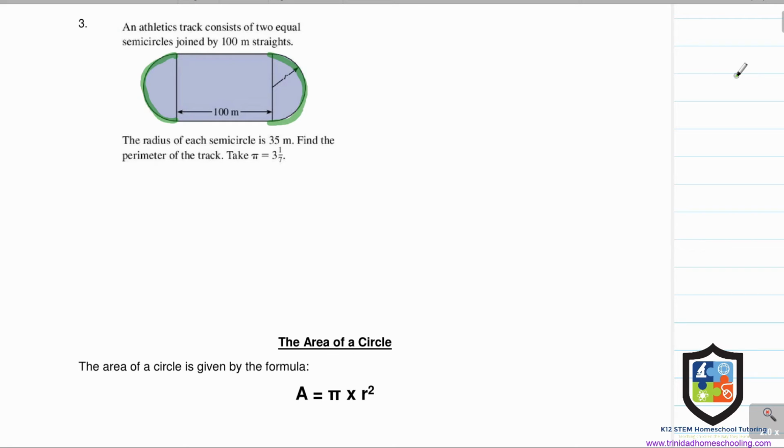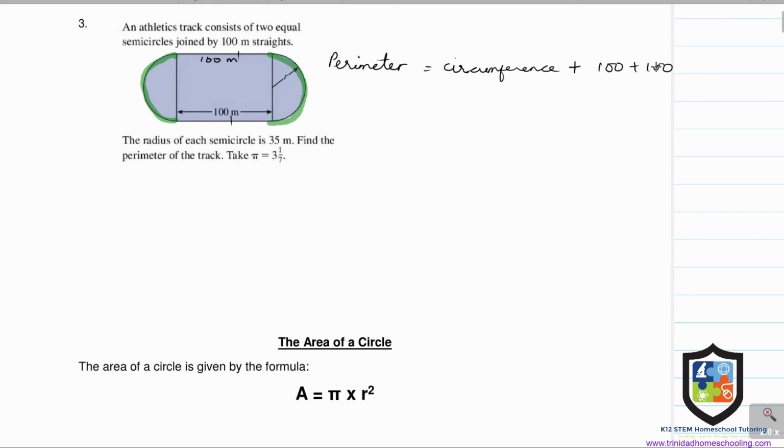So what we need to find to make up the perimeter of this shape is one whole circumference plus this 100 meters plus this 100 meters. Okay, so these opposite sides here are equal.